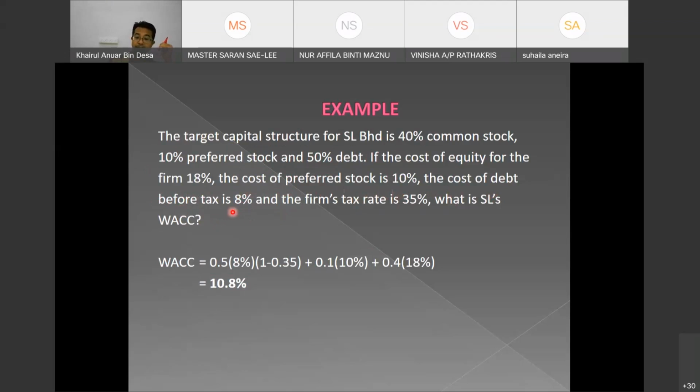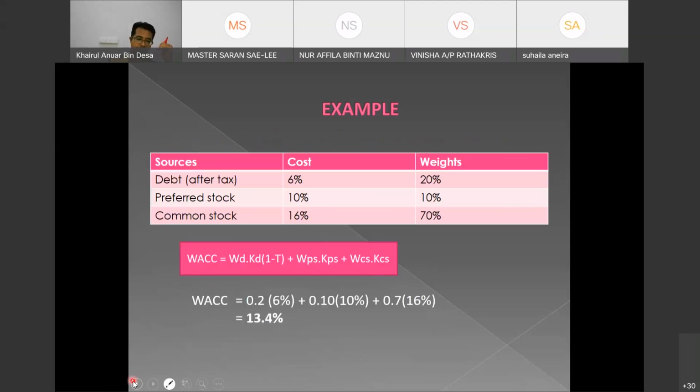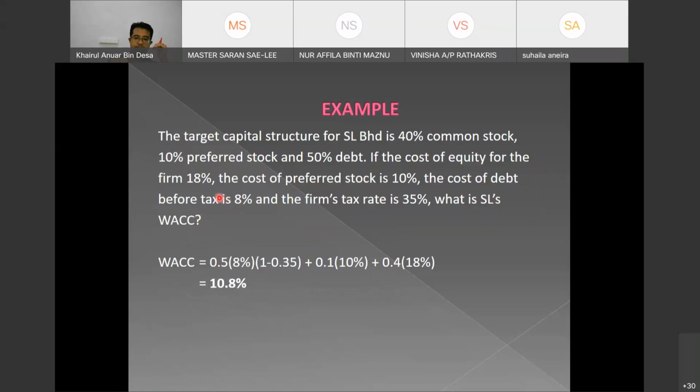Okay, tengok before tax. Contoh tadi adalah after tax. This is before tax. And the firm tax is 35%. What is the SL Berhad WACC?